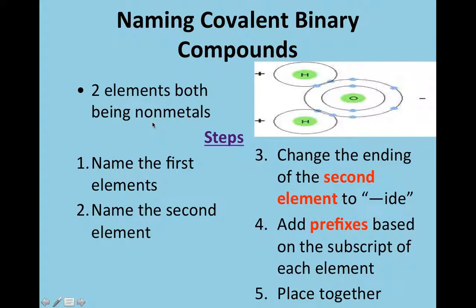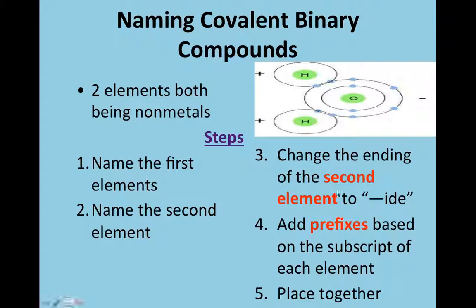Okay, now let's look at naming covalent binary compounds. Remember, these are between two nonmetals. The steps involved are, first of all, we're going to name the very first element just like we did with the ionic compounds.